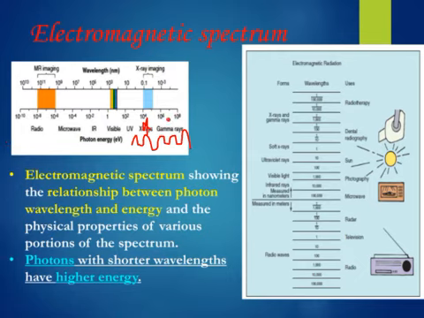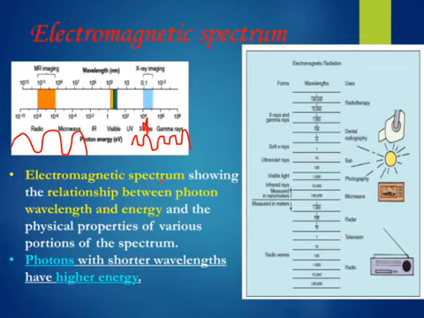Whereas if you move towards the other side of the spectrum, you can see the visible color ends in red, then infrared starts, microwave starts, and radio waves also start. This is longer wavelength. Longer wavelength has low energy, and shorter wavelength has higher energy.